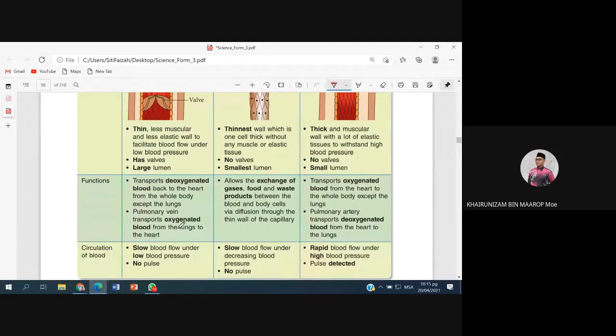Then the blood flows to the heart through the pulmonary vein. The pulmonary vein transports oxygenated blood from the lungs to the heart at low pressure.